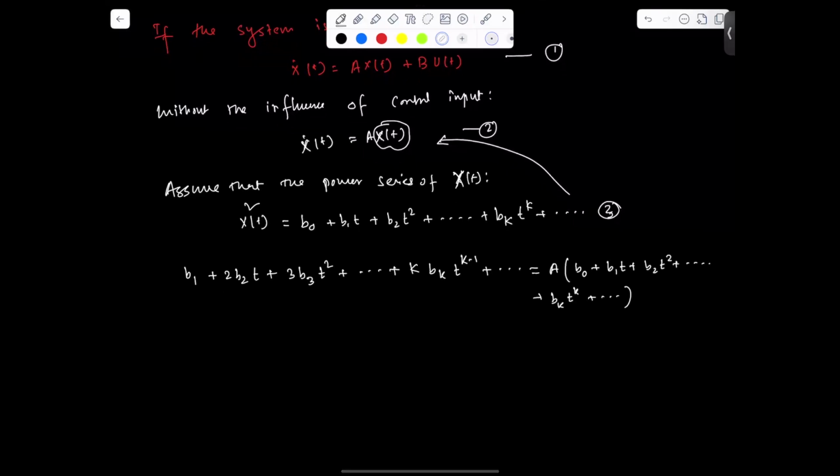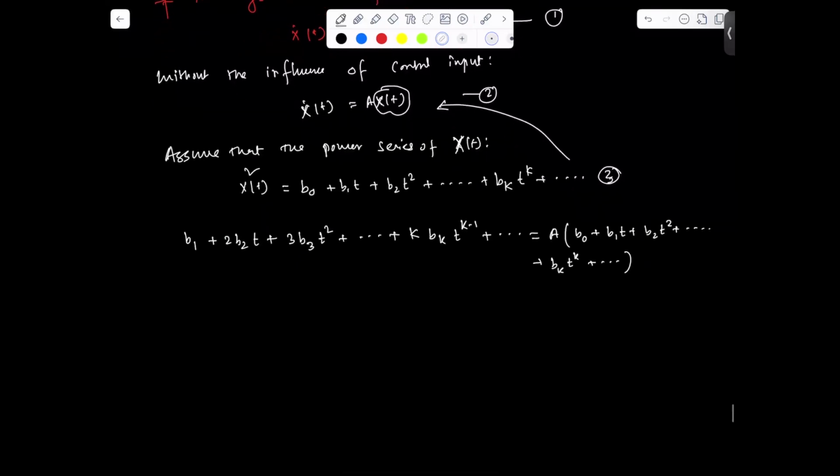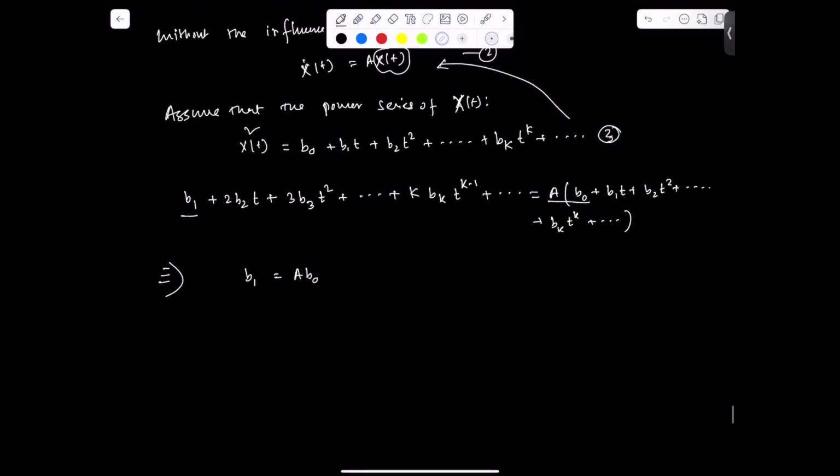Now, if we compare the powers of t on both sides, we can have these equalities. We can write b1 equal to A b naught. Similarly, b2 equals half A b1, and in place of b1 we write A b naught, so half A squared b naught.